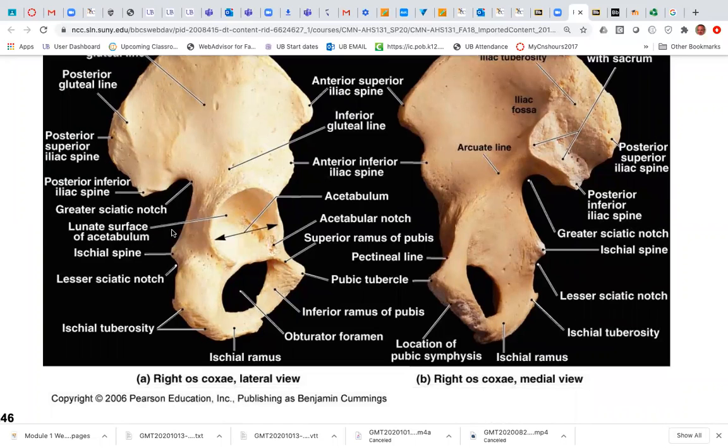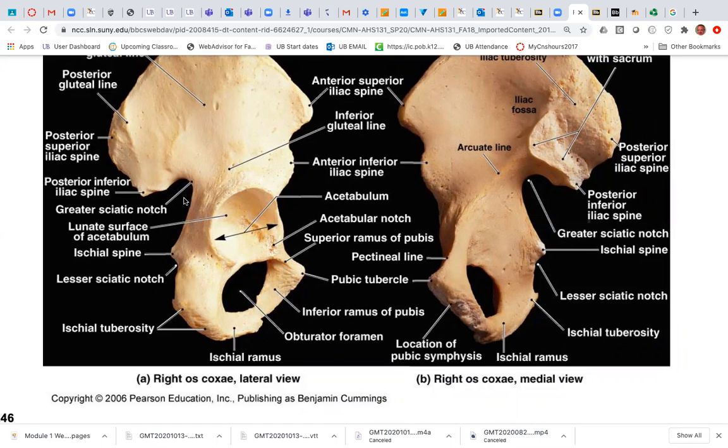On the posterior side, there is a large notch, which is right here. And this large notch or depression that we see here, this cavity, this space, is referred to as the greater sciatic notch. So what do you think is going to travel through a greater sciatic notch? Sciatic nerve.